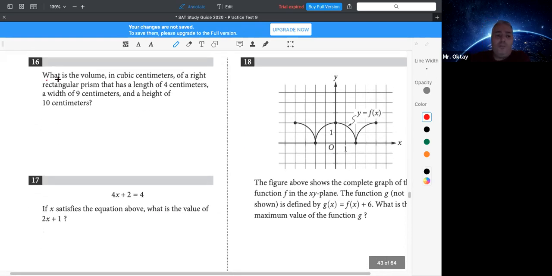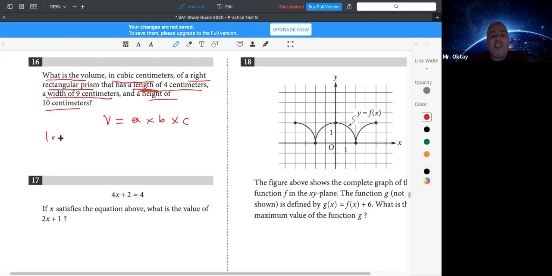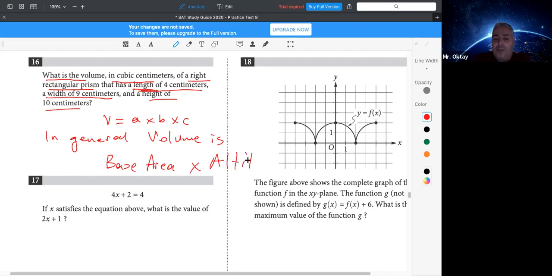What is the volume in cubic centimeters of a right rectangular prism if it has a 4 centimeter length, 9 centimeter width and 10 centimeter height? My dear students, if this is a rectangular prism, the volume is a times b times c. You should know this. Or in general, volume is base area times altitude.